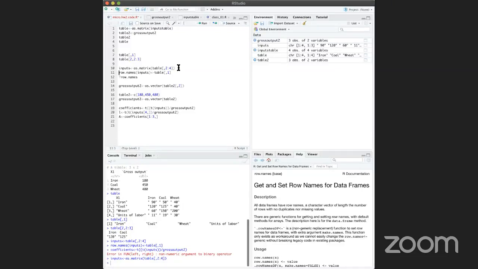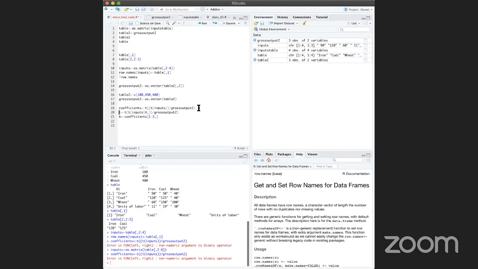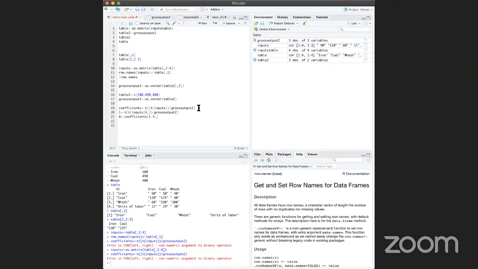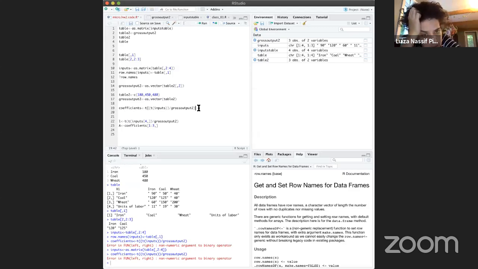Try that. Character, why the heck? No numeric arguments. Oh, sorry. No, that should have worked.